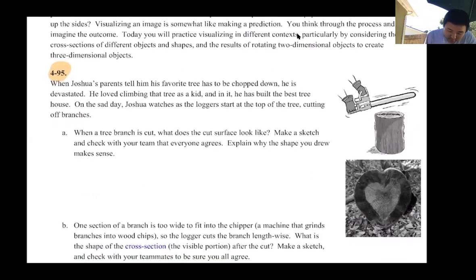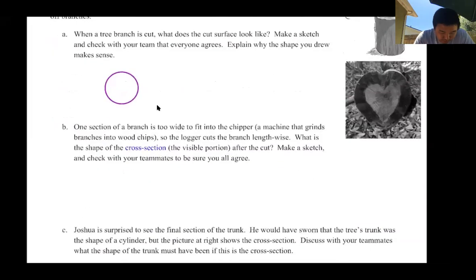So if we cut a log, if it's a circular branch, I think it's going to be a circle. One cross-section of a branch below is too wide to fit in the chipper, a machine that grinds down branches into wood chips.